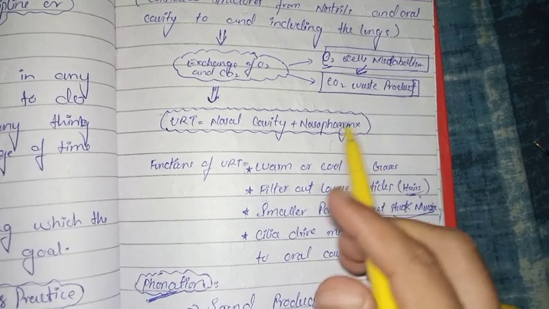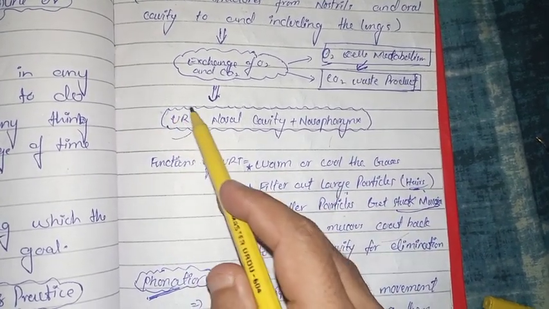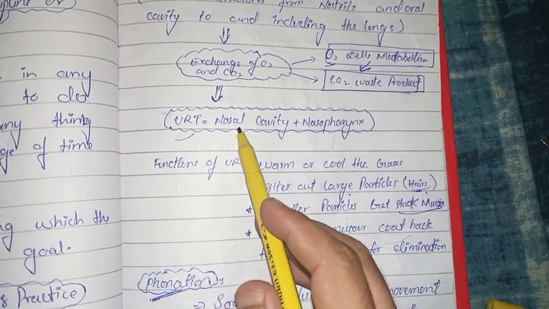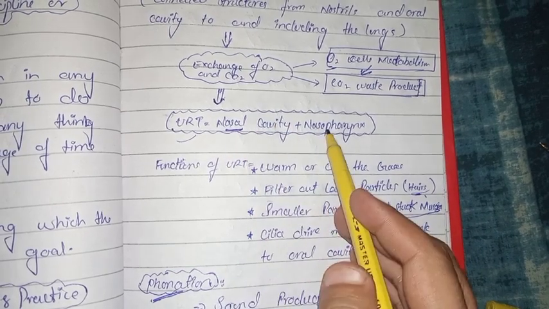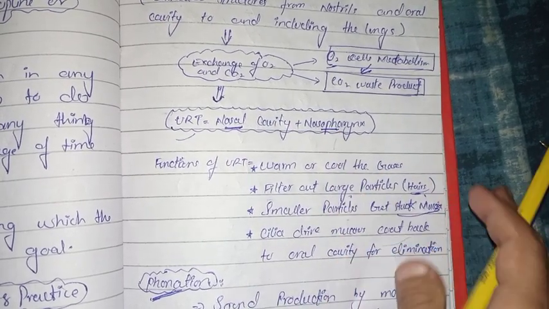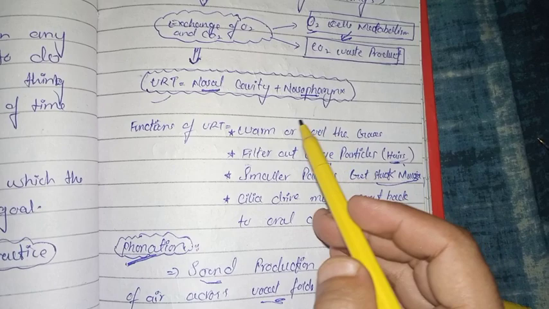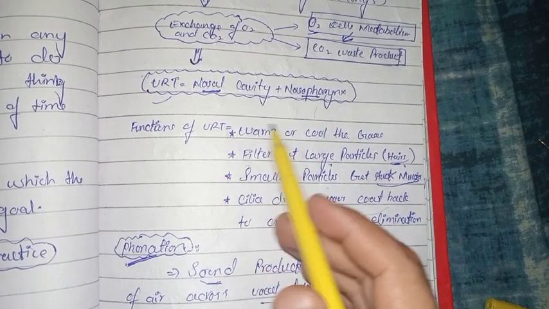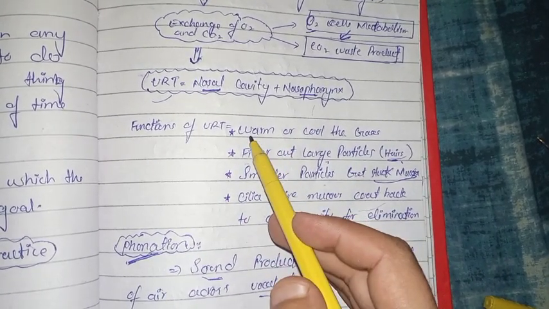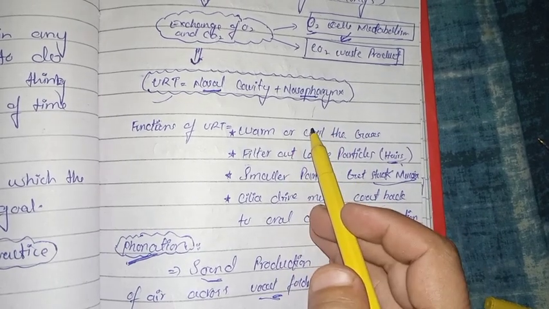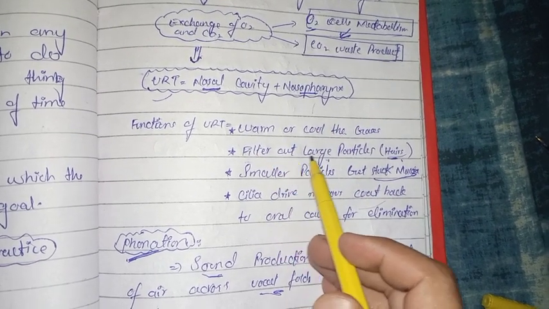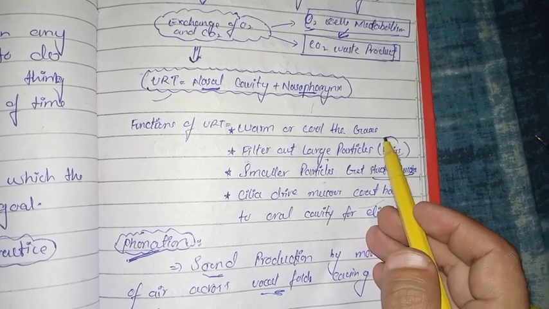In the respiratory system, URT means upper respiratory tract. It includes nasal cavity and nasopharynx. The main function of upper respiratory systems are to cool or warm the gases, and filter out large particles with the help of air.